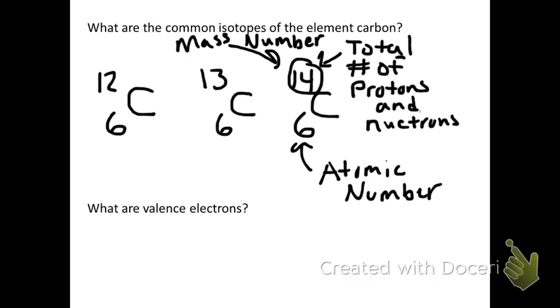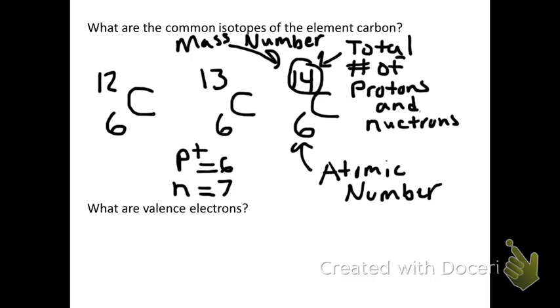What about carbon-13? Well, carbon-13 has a total number of 13 protons and neutrons combined together. So if we subtract 6 from 13, it will tell us the number of neutrons it has. So let's write this down. We know that it has 6 protons, and it must have 7 neutrons.